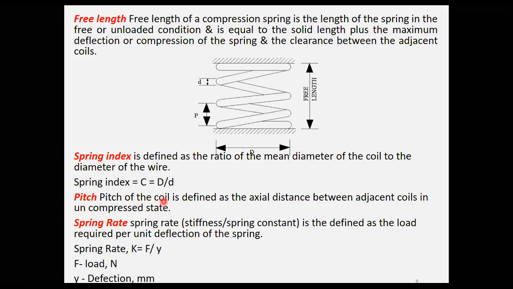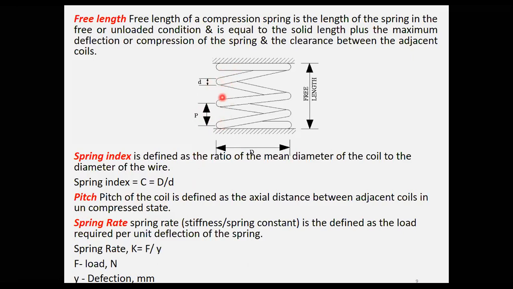Next is pitch. I think you have already used this pitch definition in your gears, dynamics of machines. Pitch is nothing but, here you can see, the axial distance between the adjacent coils.